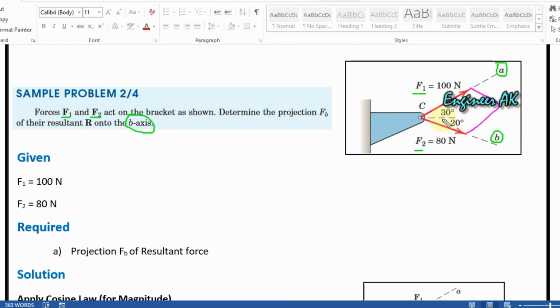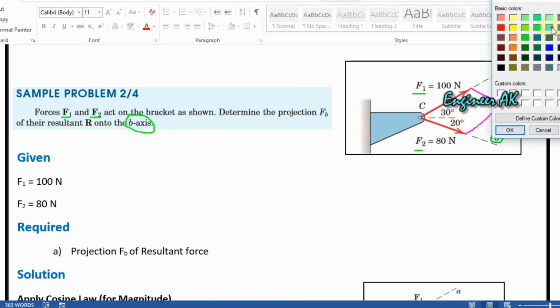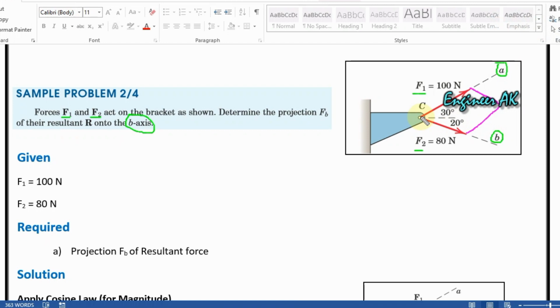And now if I draw a line on the diagonal, it is the resultant R. So we have to find this, and then we have to find its projection. Till here it is 80 Newton, and we have to find till here, this one. So it will give me the required answer.